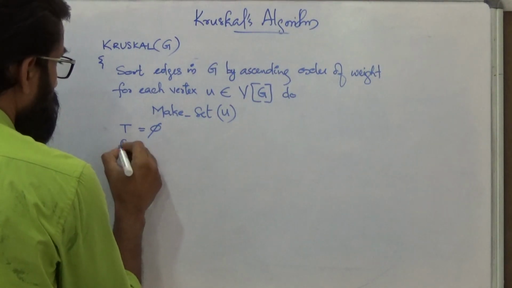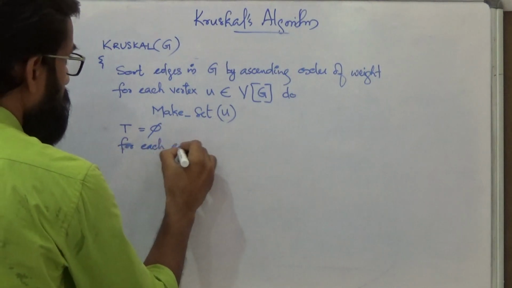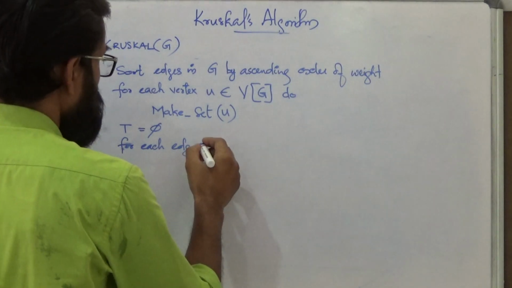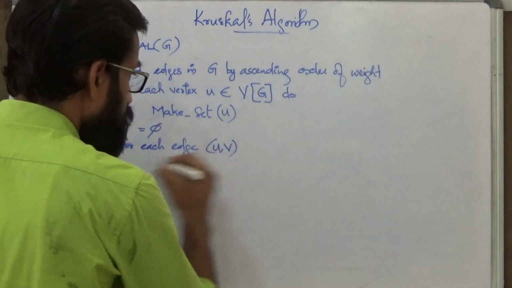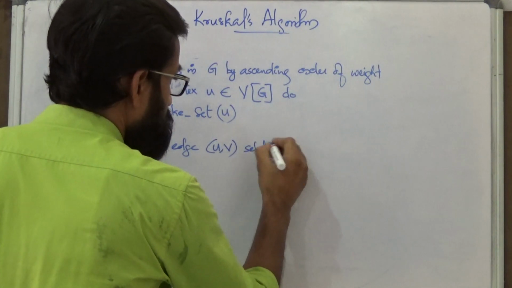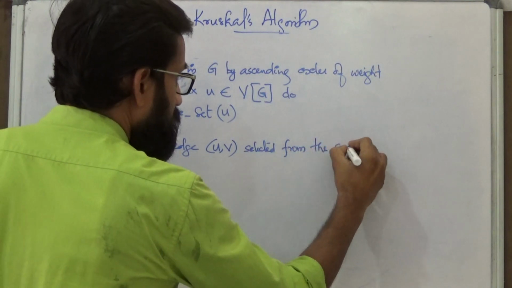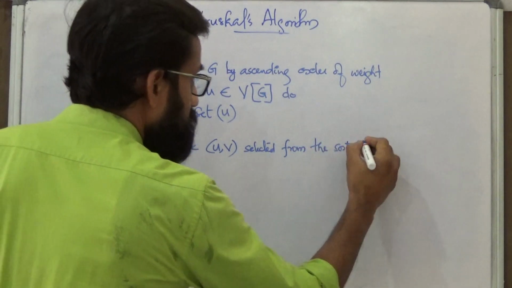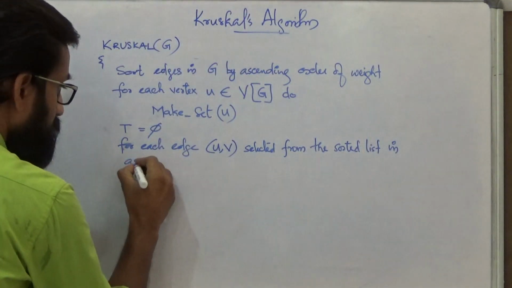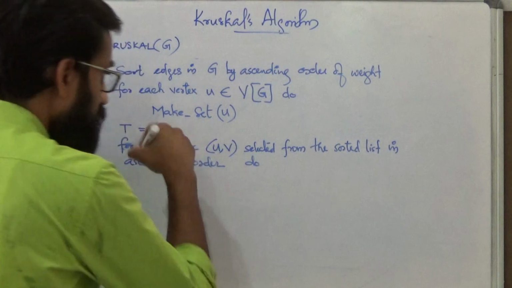Then for each edge uv selected from the sorted list in ascending order, do the following.